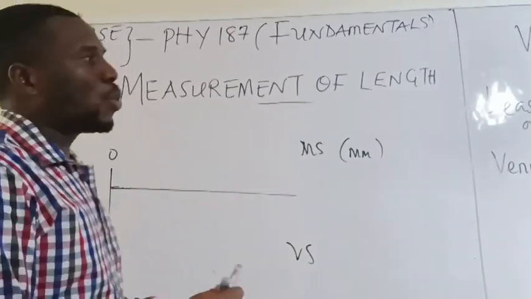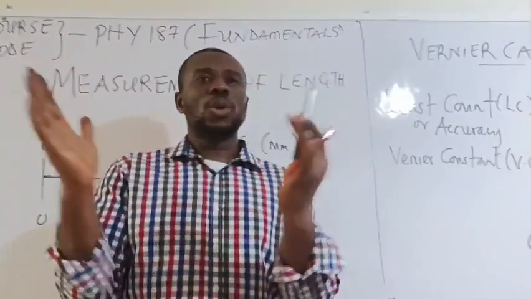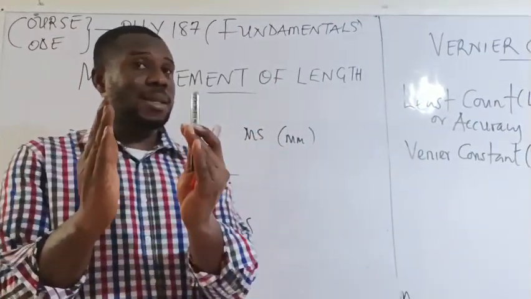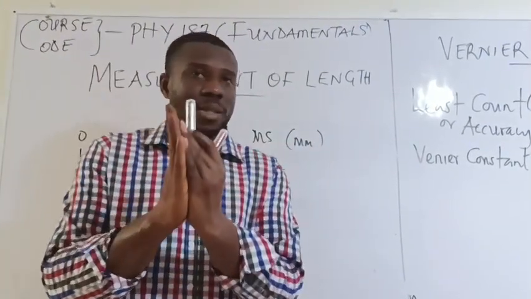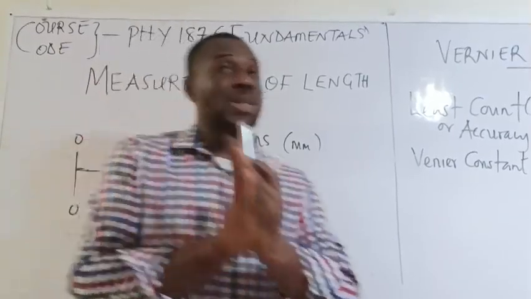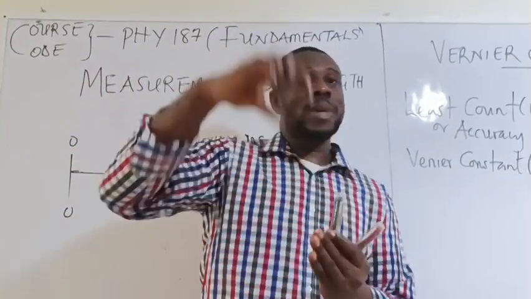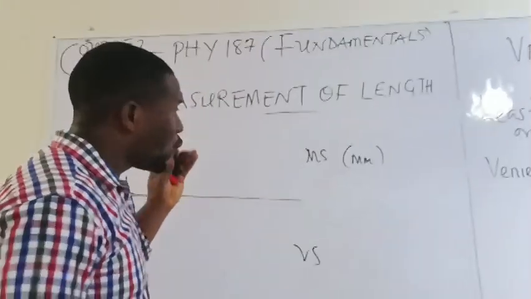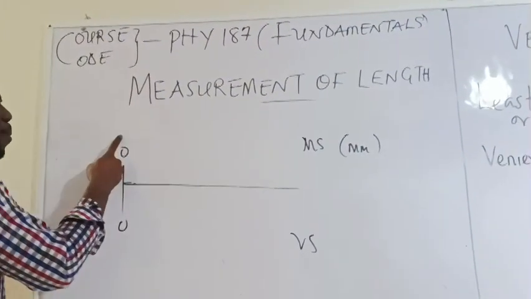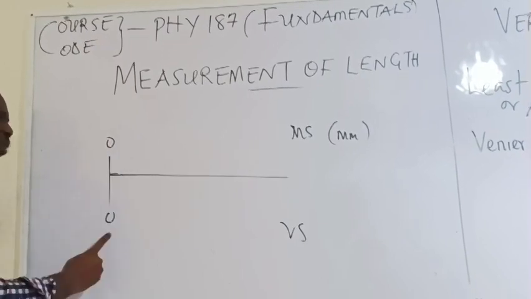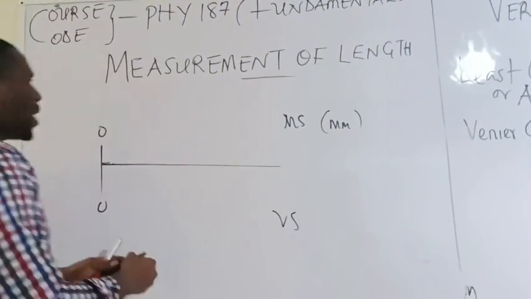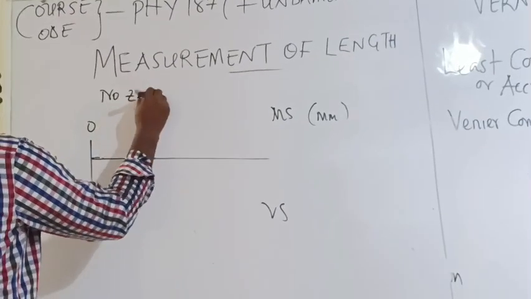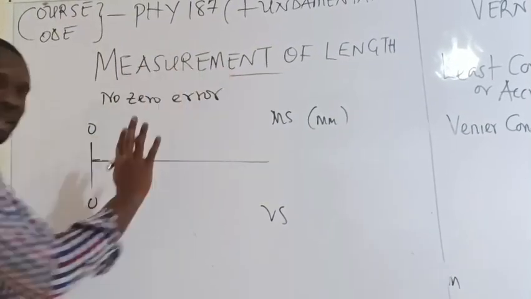Now, if the jaws A and B, like I drew earlier, of the Vernier scale are joined together, the same goes with jaws C and D that could measure the inner diameters of objects. Once they are joined together, and you could figure out that the 0 mark on the main scale aligns with the 0 mark on the Vernier scale, right? It means in that kind of scale, there is no 0 error.